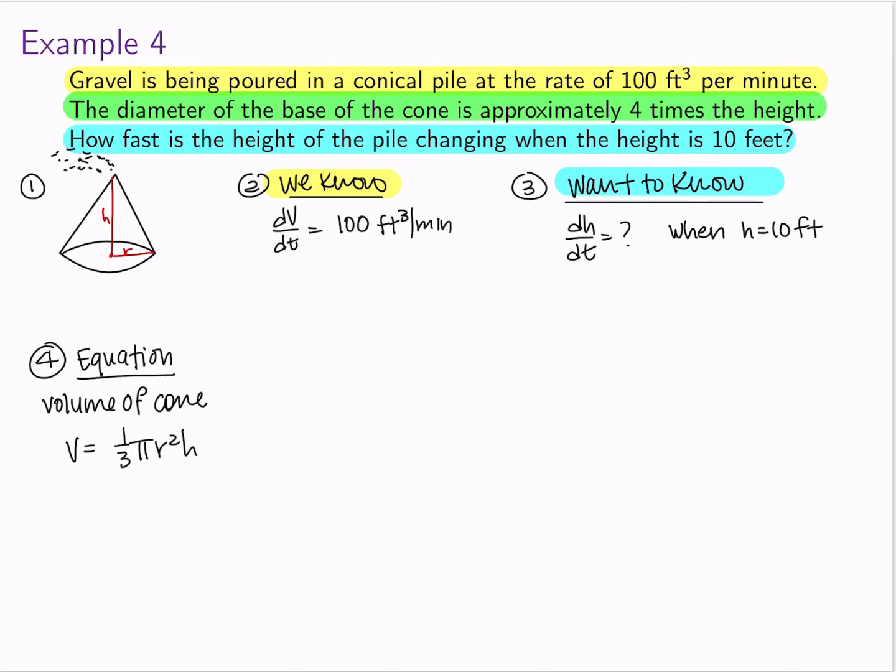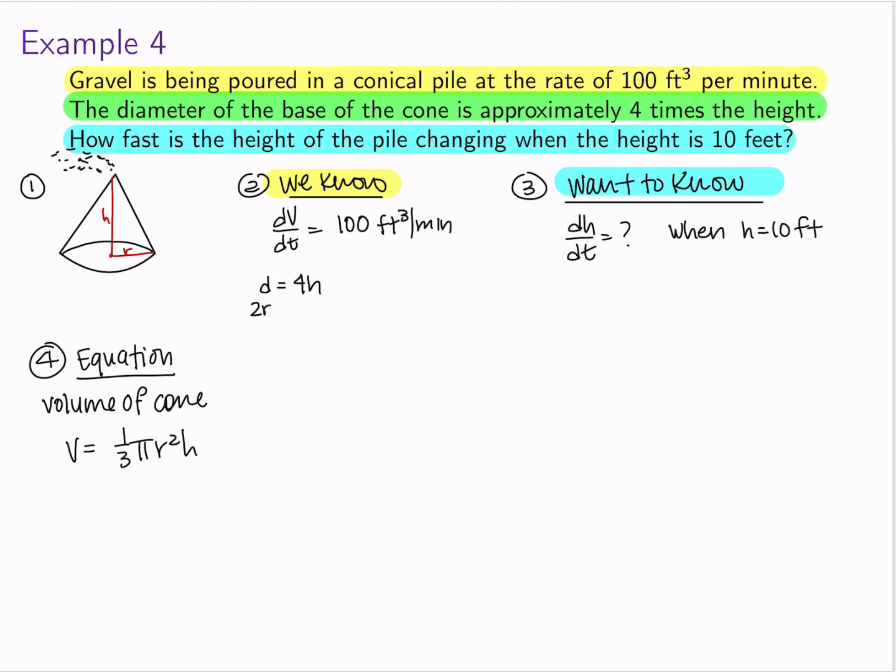It says that the diameter of the base of the cone is approximately 4 times the height. It's telling us that that is a constant relationship that's going on here. So what is this saying? It says that diameter is always approximately 4 times the height. I don't really care about diameter. I do care about the radius.